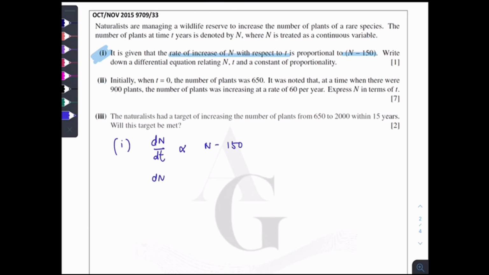To form the equation, you change it into an equation by adding in the constant of proportionality. In this case, it's a positive k because they mentioned the rate of increase, times n minus 150. This is for part 1. That's how you form the differential equation.